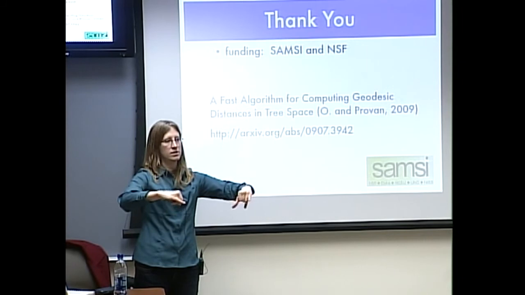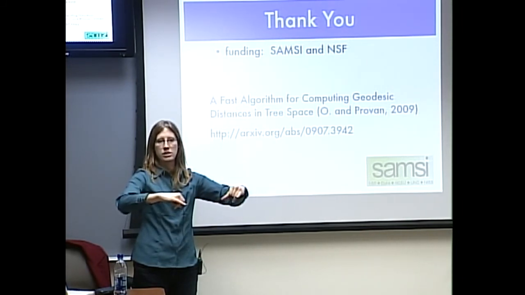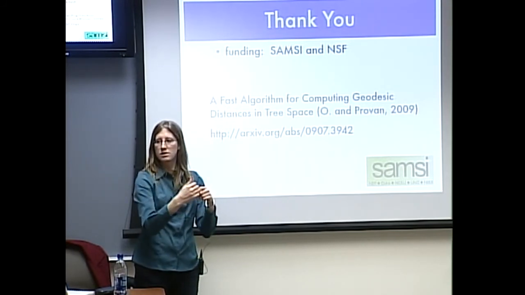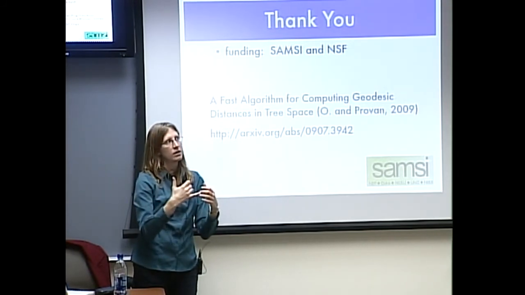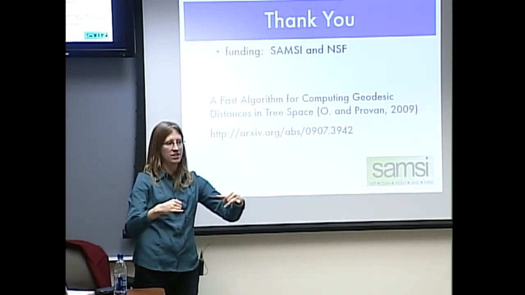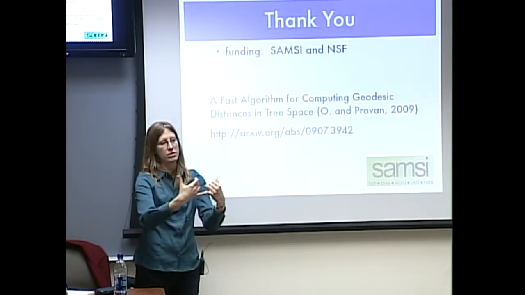You can compute the geodesic distance between each pair, and you can combine those two geodesics to get the geodesic between your two original trees. Those two geodesics are going to be in spaces orthogonal to each other. The subspaces are orthogonal, and so when you combine them, you're just putting them together.